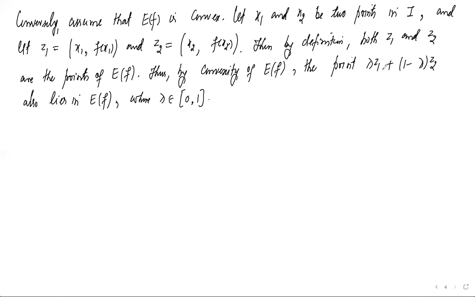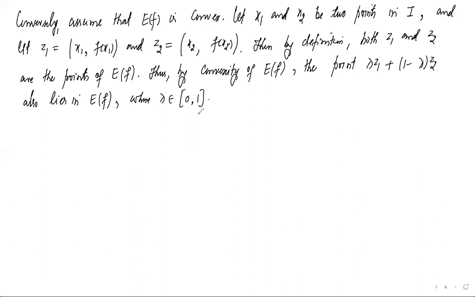So now again, this is not just a single point, but for every value of lambda, this lambda z1 plus 1 minus lambda z2 always lies in E of f. In fact, for all the different values of lambda in the interval 0, 1, this notation lambda z1 plus 1 minus lambda z2 represents the locus of all the points on the line segment joining z1 and z2.